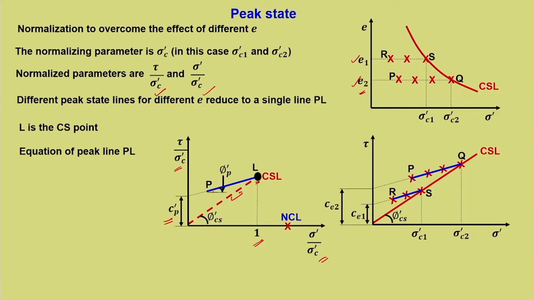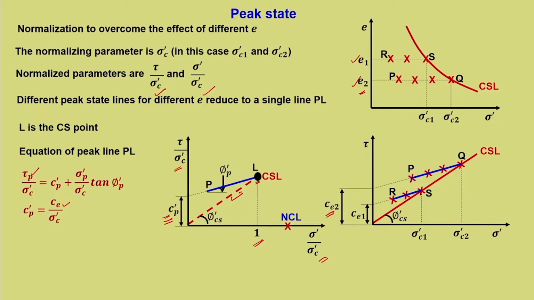Now, we can always write the equation of the peak line PL, which is the normalized plot, as tau divided by sigma dash. Now, I have added tau P here just to make sure that it is the point on the peak line PL. So, tau P by sigma dash C is equal to C dash P plus sigma dash P by sigma dash C tan phi dash P, in which C dash P can be written as CE upon sigma dash C. CE is the cohesion corresponding to a given void ratio.